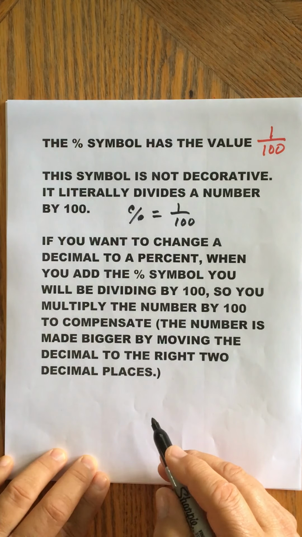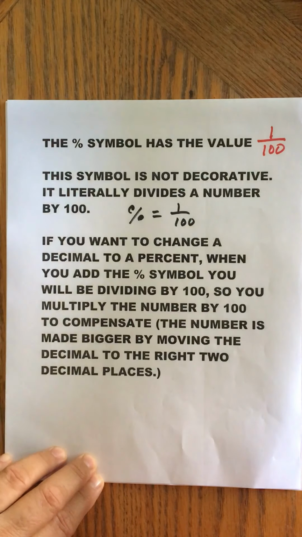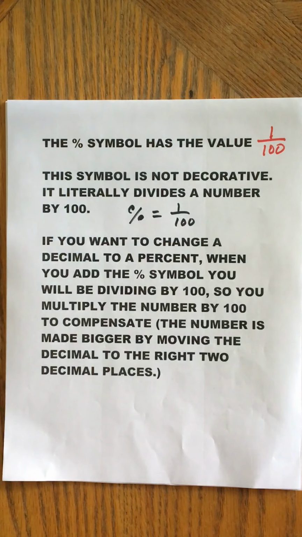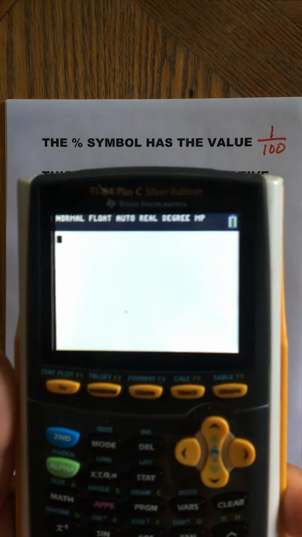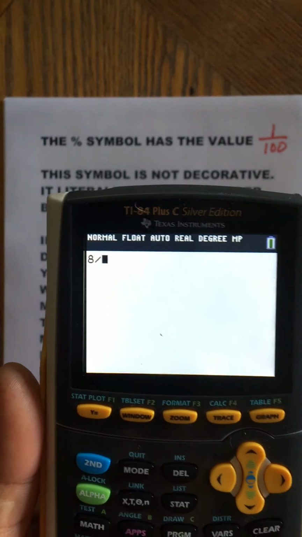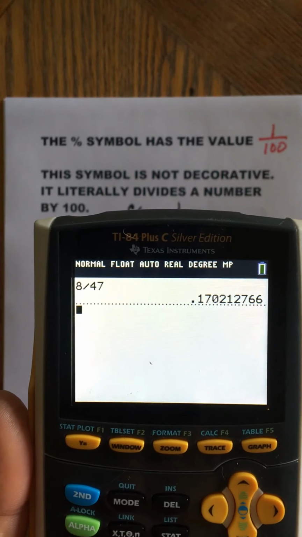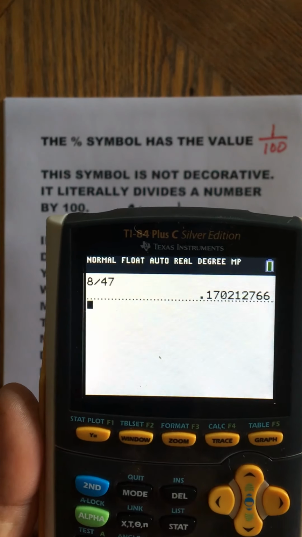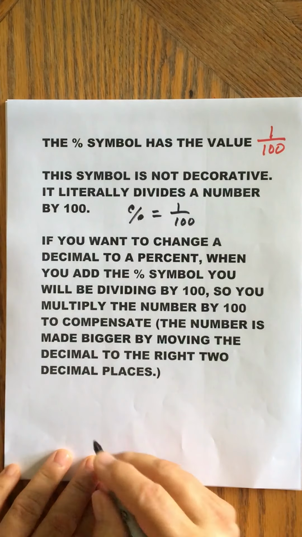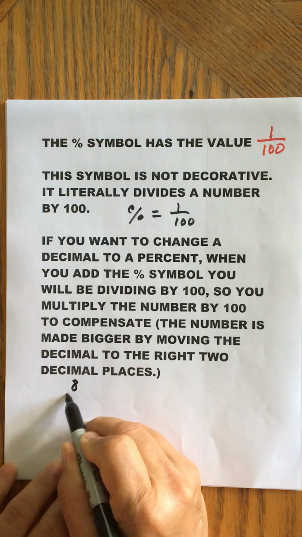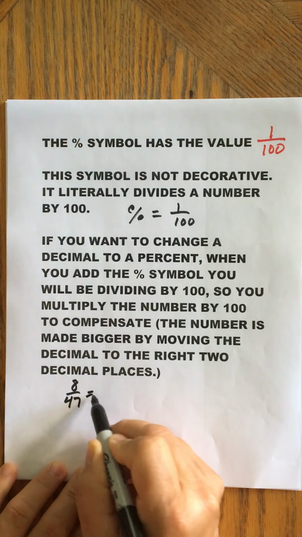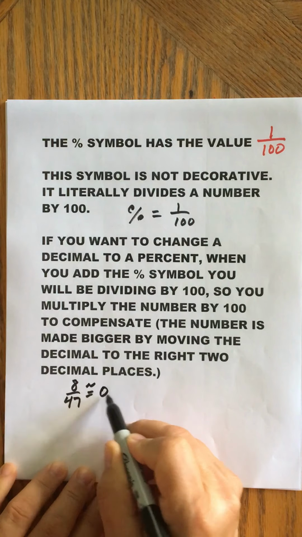So in my calculator, let's show you here, 8 divided by 47. There's your 0.17. So I have 8 divided by 47 is about 0.17.